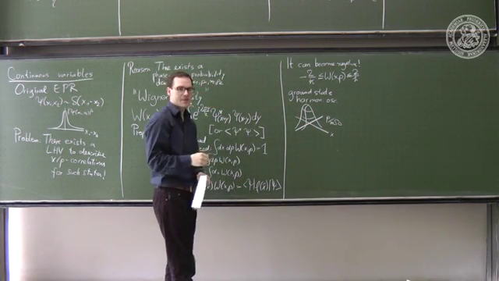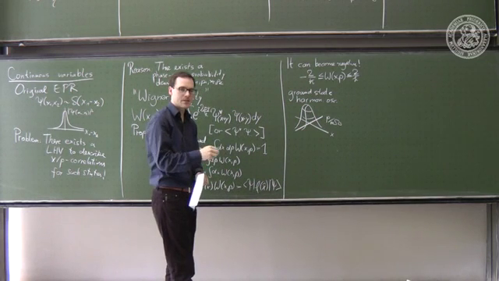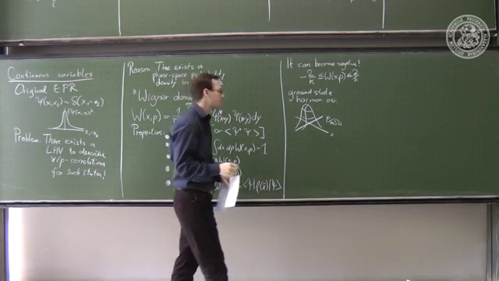But for example, if you pick the first excited state of the harmonic oscillator, automatically already you get negative values.